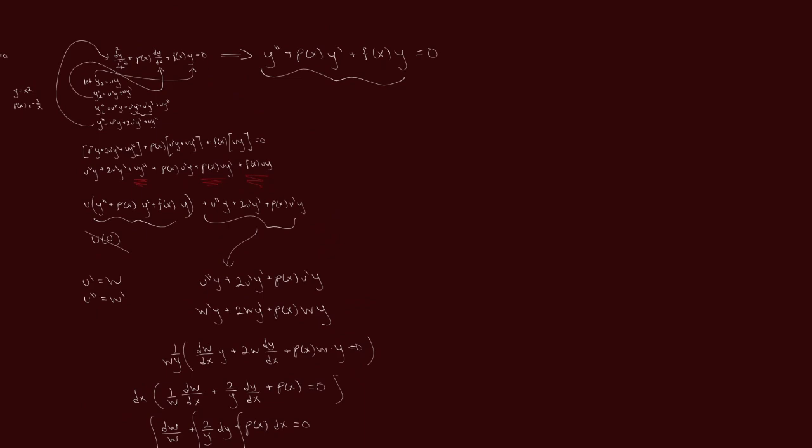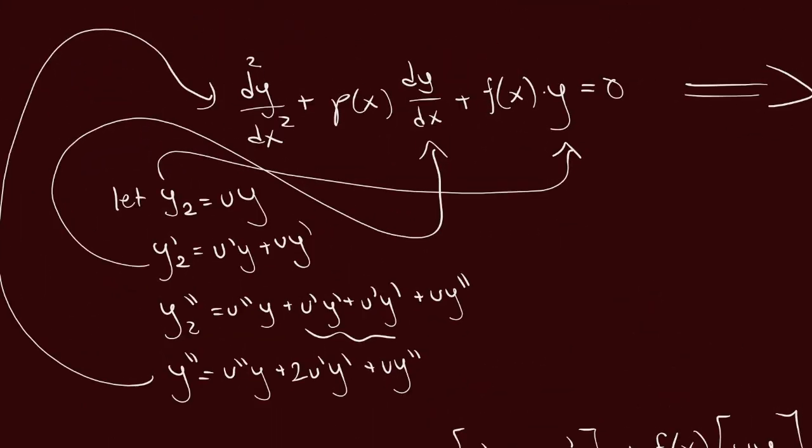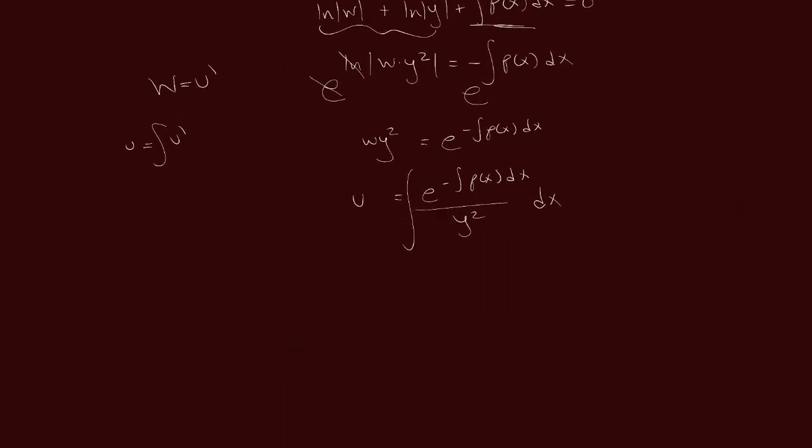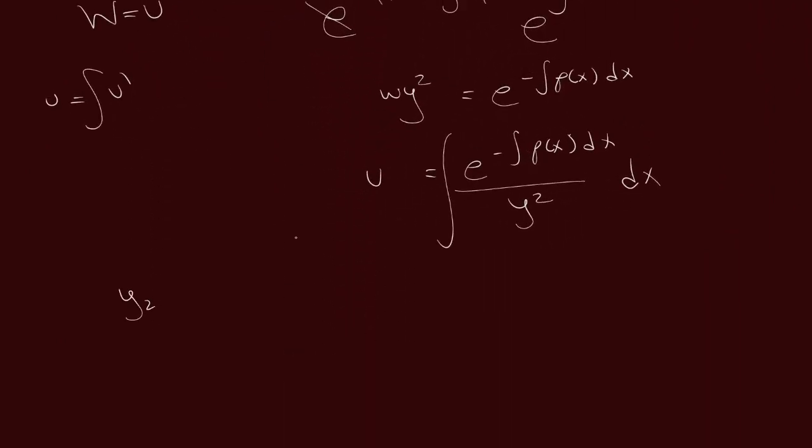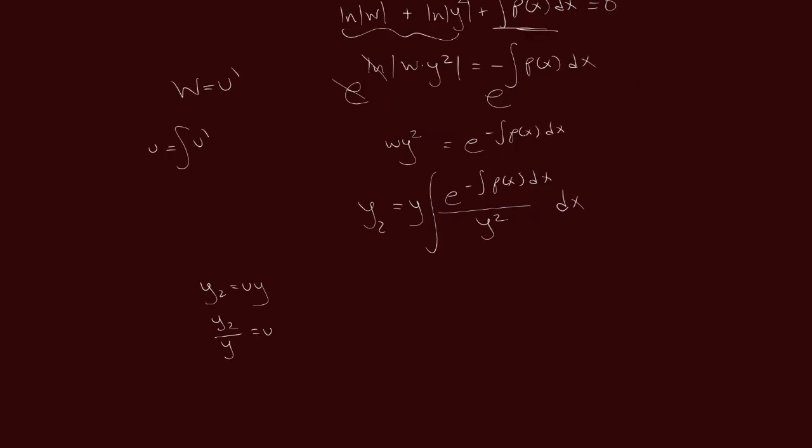We had y2 equal to uy, so u equals y2 over y. So this will be y2 over y, and we'll just bring the y here. And there we go. That's our formula.